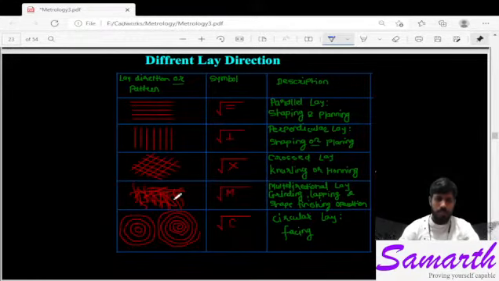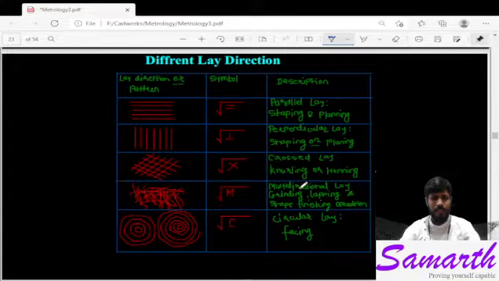And then if a regular shape is shown, it is a multidirectional lay, not parallel, perpendicular, honing type or knurling type.